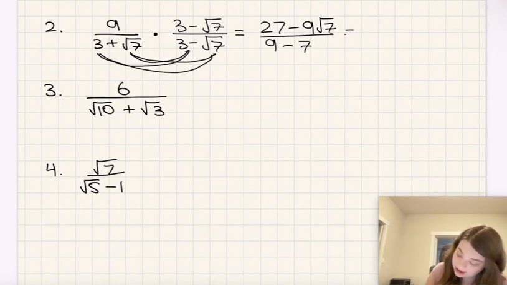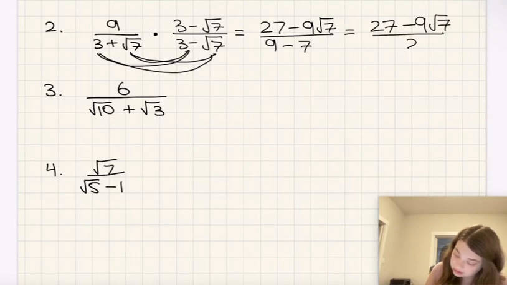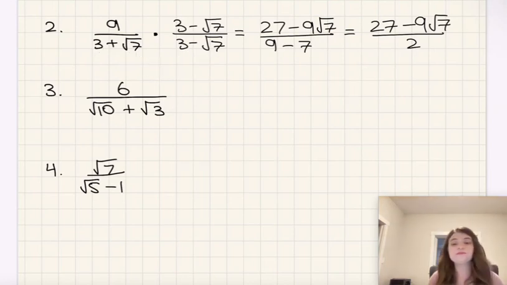And so that's why we have that. And then, of course, 9 minus 7 is 2. So I'm just going to rewrite this where we just do that last quick simplification there. The only thing left in a radical sign is the root 7, and that can't be simplified further. 7 is prime, therefore it doesn't have any perfect squares other than one, of course, that are factors of it.